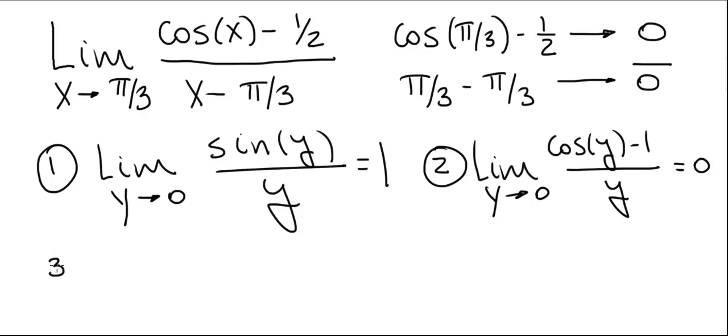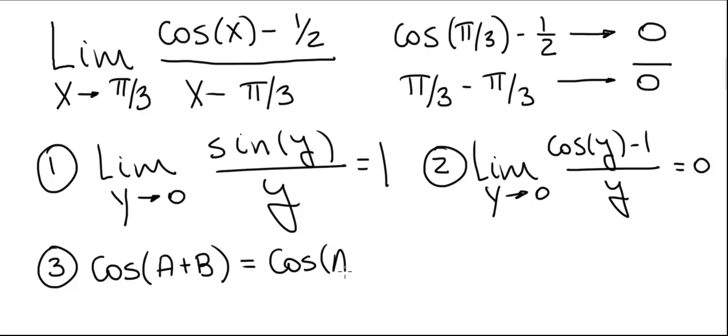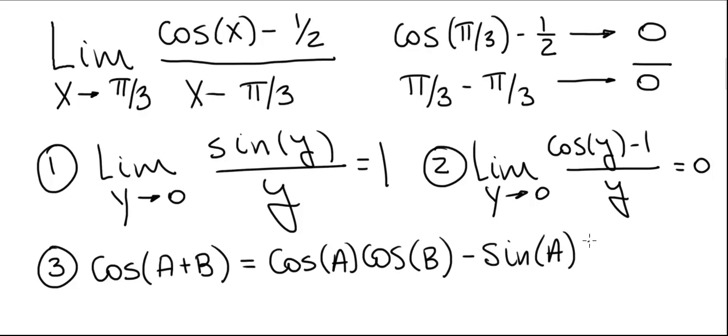And the third result we're going to need is a somewhat familiar trig identity: cosine of a plus b equals cosine of a times cosine of b minus sine a times sine of b. So we're going to use all three of these in the process of evaluating this limit.